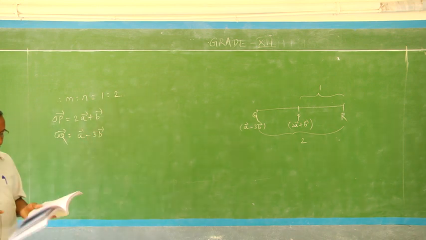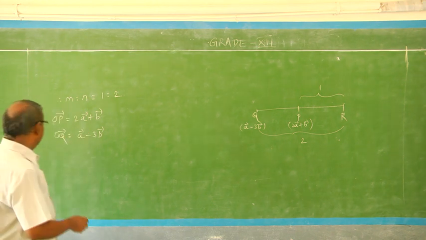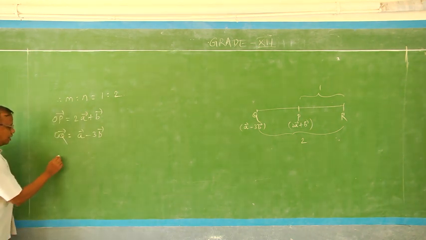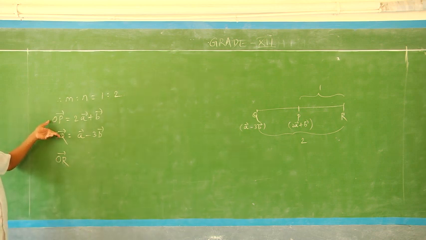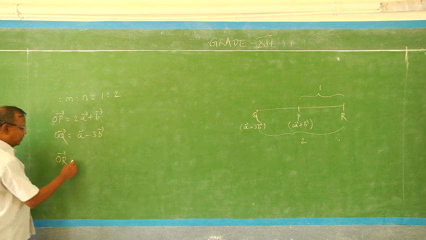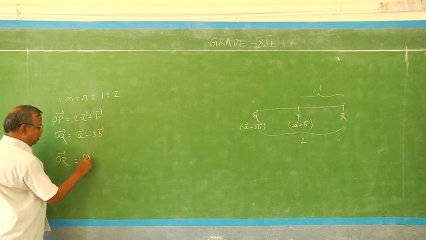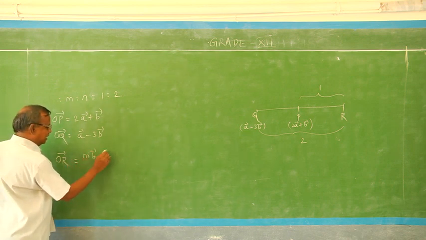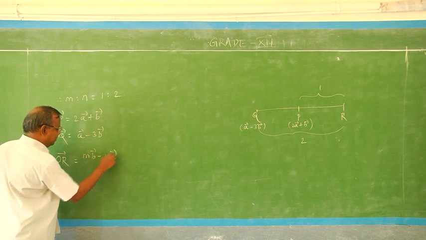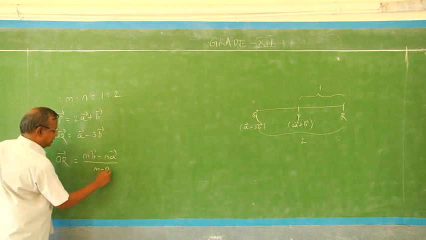Now according to the formula, the position vector of R which divides the line PQ in the ratio 1:2 externally is given generally by (m b vector minus n a vector) divided by (m minus n).